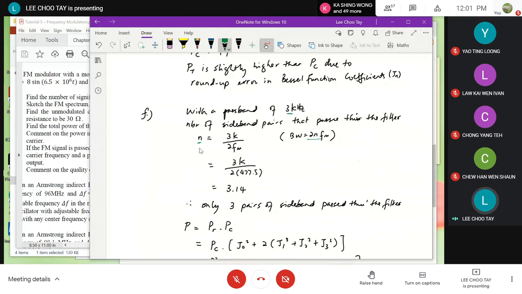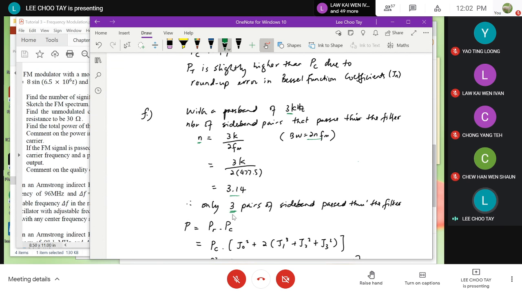So I rearrange my equation, and that gives n equals 3.14. That means only 3 pairs of sideband pass through the filter. You always round down, not round up, because it never gets to pass the fourth sideband. You only pass up to the third sideband.